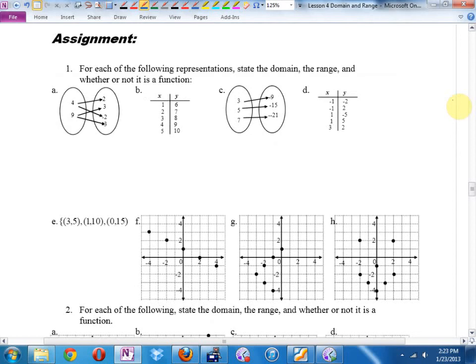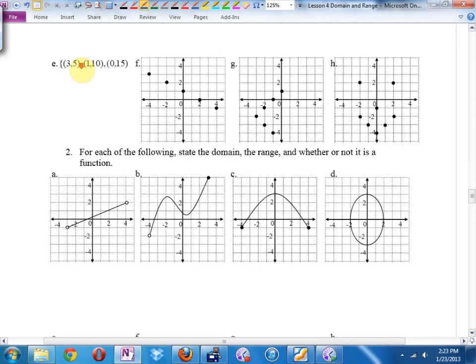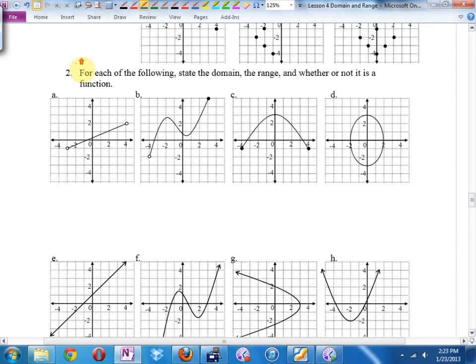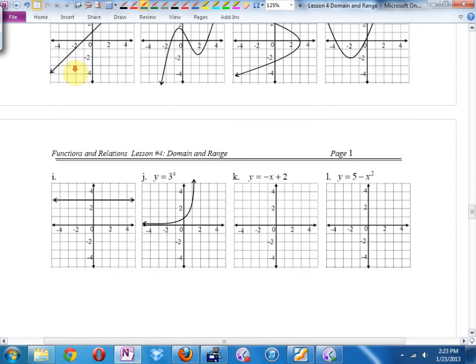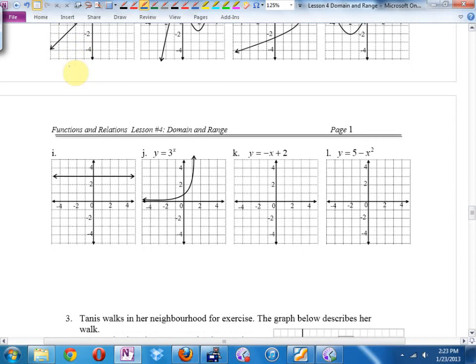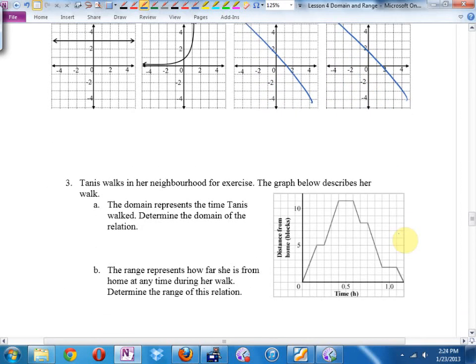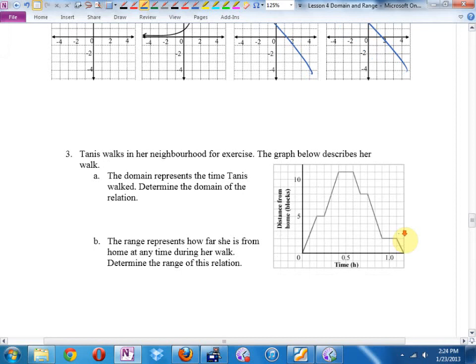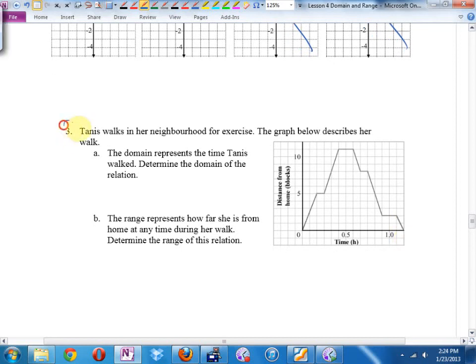Your homework to try. Number 1. Number 2. You can nuke K and you can nuke L. Number 3.